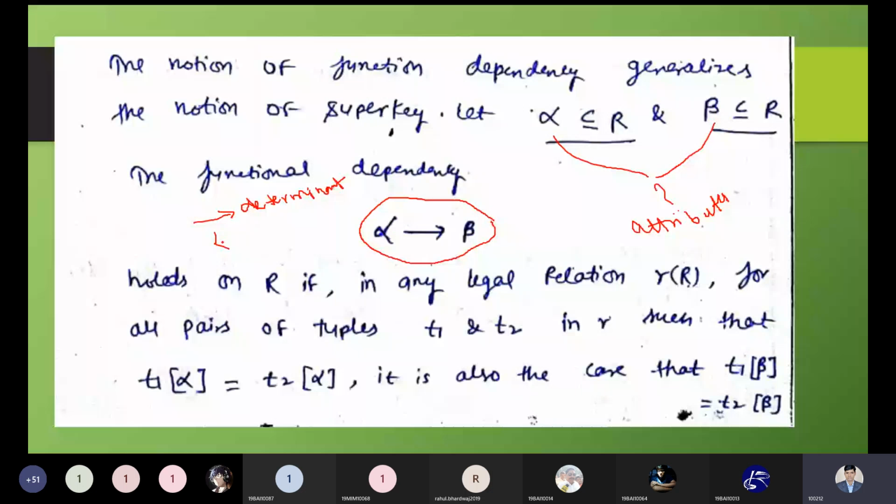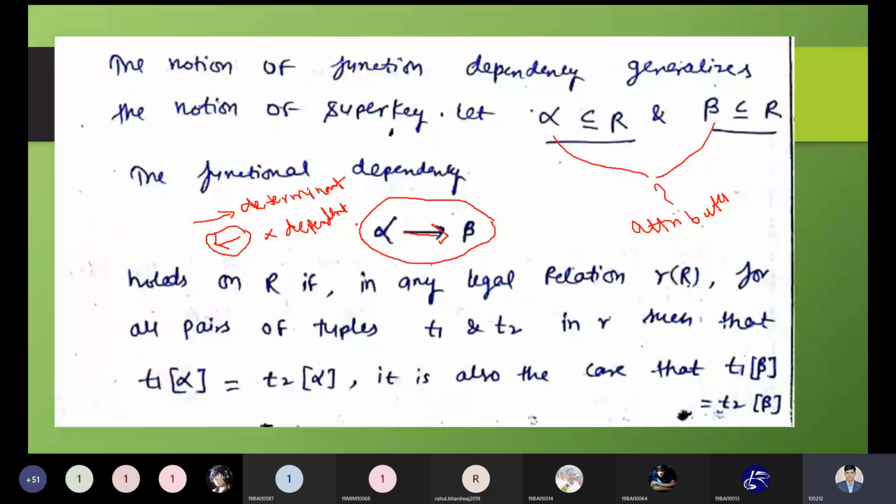But always keep in mind that you have to use the arrow from left to right. You can't use the arrow the other way; it is not applicable, but it will be read as a dependent. So I can say alpha is the determinant of beta, but beta depends on alpha. While speaking and understanding, you have to keep this in mind properly.